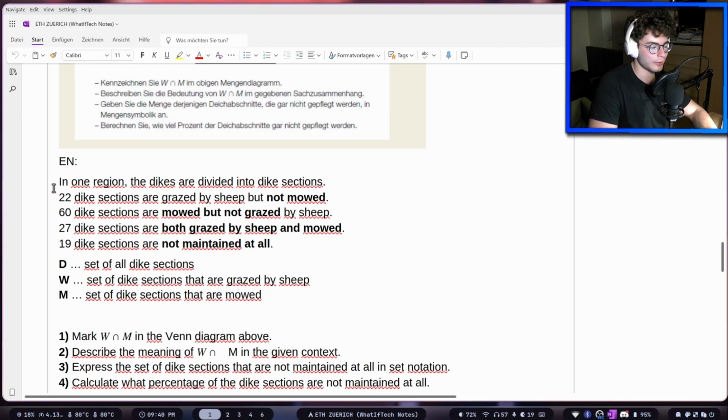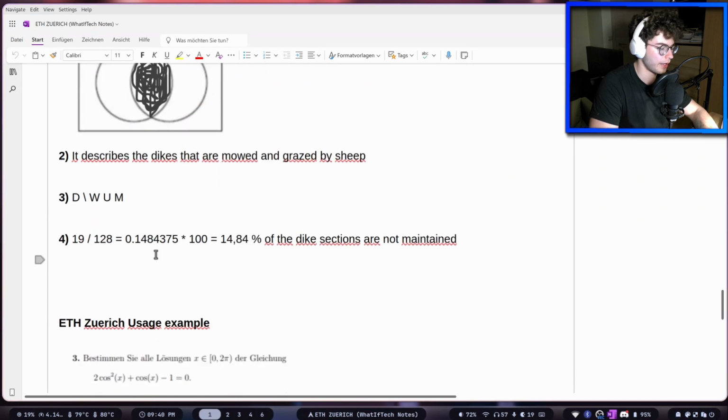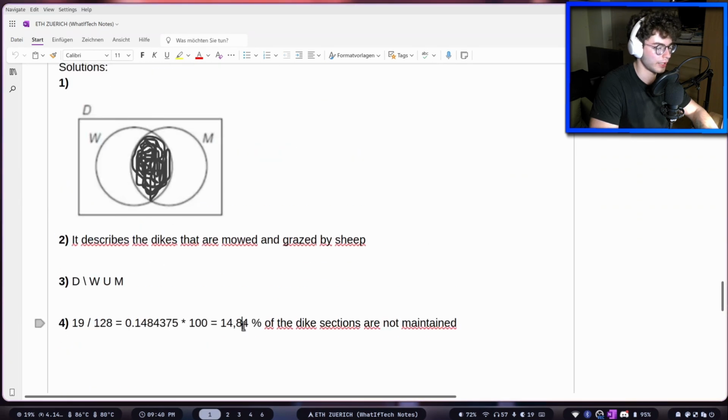We have to calculate how many disections are there, which is all the disections, a sum of all the disections and 19 divide through the sum times 100 because it's percent, and that is 14.84%, or if you round the result, 15%.